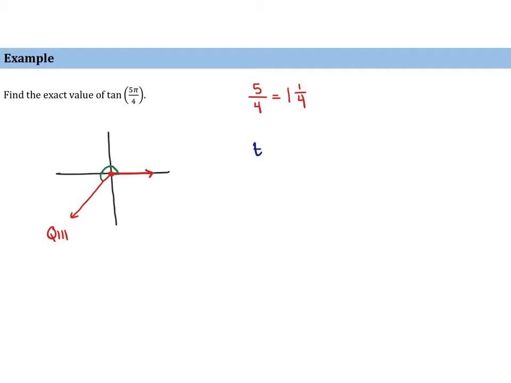So the tangent of, now what's our reference angle? Our reference angle is pi over 4. Tangent of pi over 4 is 1. So what's the tangent of 5 pi over 4? It's going to be 1, and now is it positive or negative? In the third quadrant, tangent is positive, so our answer is just 1.